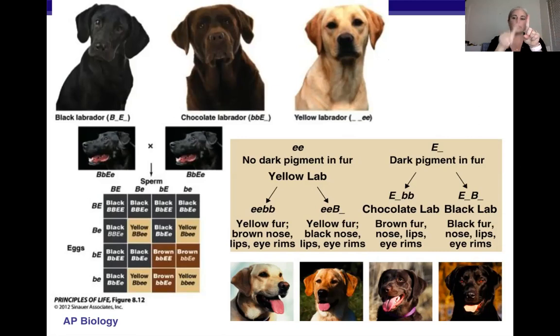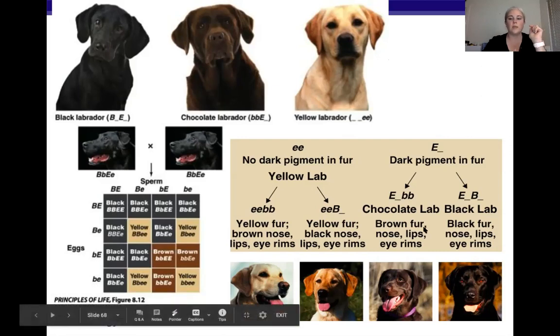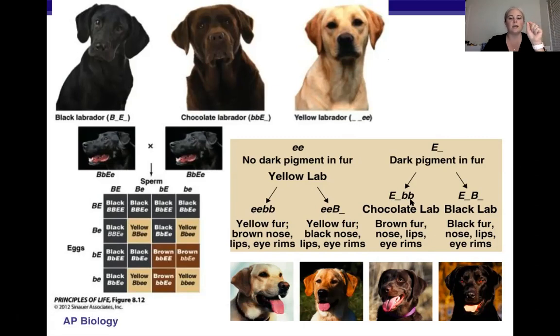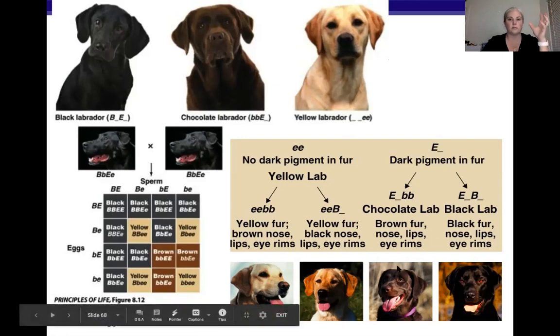So they will produce the pigment and it's turned on, so yes, they can express that pigment. They make it and they express it: black labs. If, however, they make the dark pigment but they don't express it all the way, you're going to be a chocolate lab.